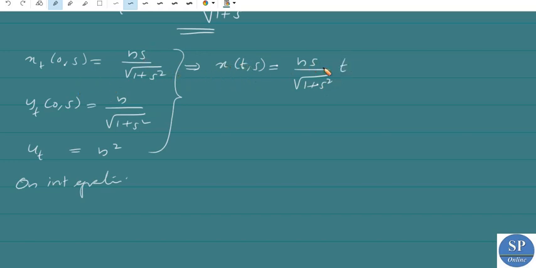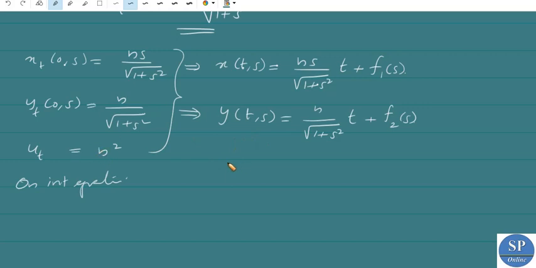So we get this into t plus a constant of integration, which may be a function of s. Now on integrating this we get y of (t, s) is equal to n divided by square root of 1 plus s square into t, plus a constant, which may be a function of s, since we are integrating with respect to t.